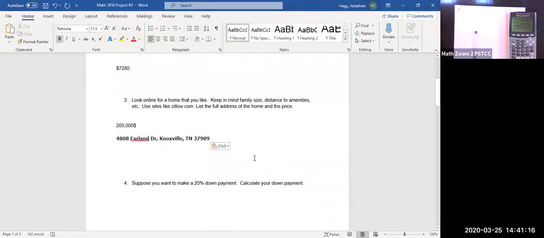Okay. Now remember, the first step is making the down payment. In this case, we want to avoid paying PMI, so we're going to make a 20% down payment. Well, that's 20% of this asking price.